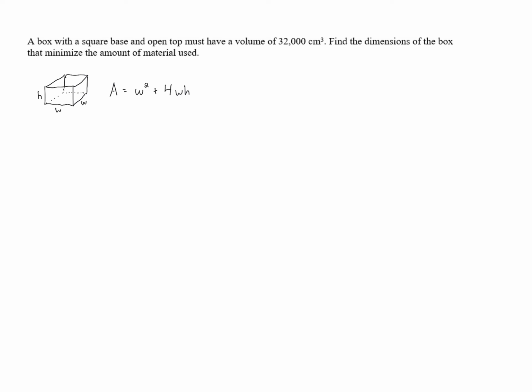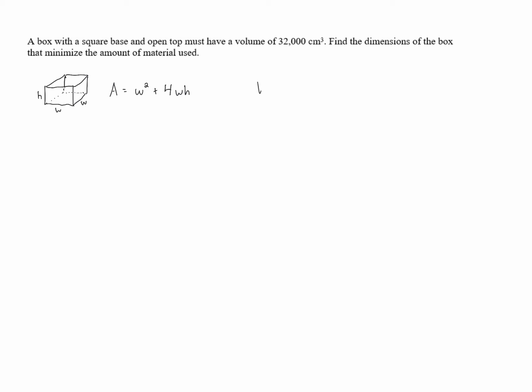Remember, we need our function to just be a function of one variable. So we need to eliminate either w or h. And the way that we do that is by using the restriction or the piece of information that we haven't used yet, which is that the volume has to be 32,000 cubic centimeters.